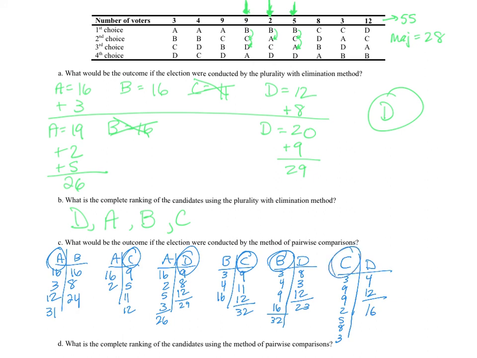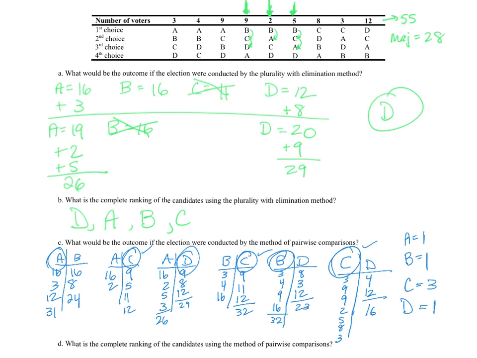So the winner, let's see, I have to add up how many matchups each person won. So A looks like they got circled once. B won 1 matchup. C won 1, 2, 3 matchups, and D won 1 matchup.